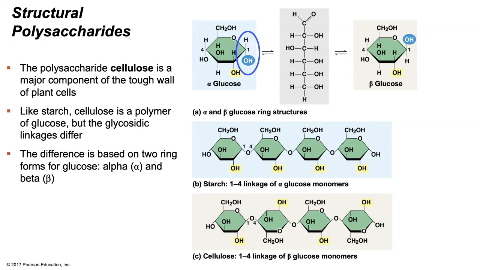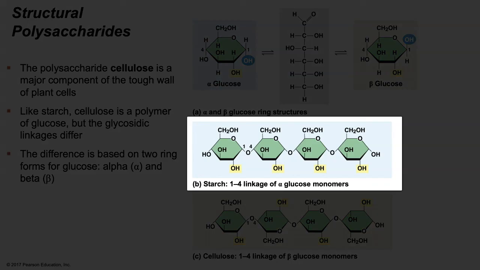It's down on alpha glucose, and it is up on beta glucose. Now look at image B for starch. The 4 glucose monomers are all in the alpha glucose orientation. That hydroxyl group was down prior to binding. This type of glycosidic linkage is called a 1,4 alpha linkage.